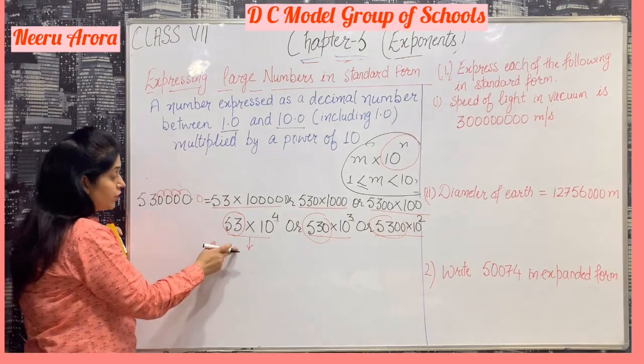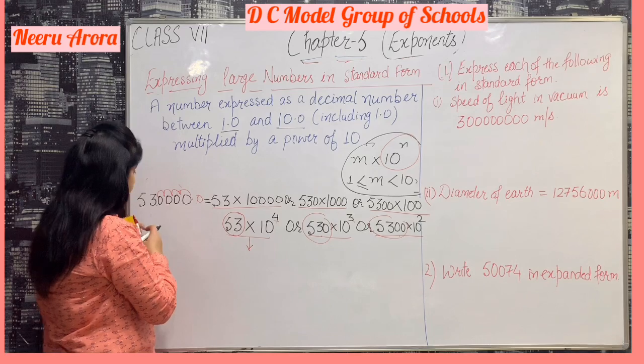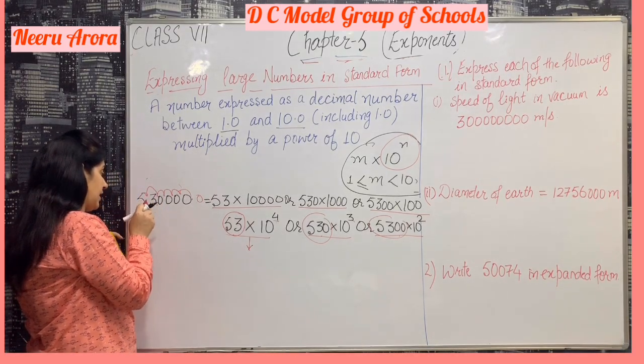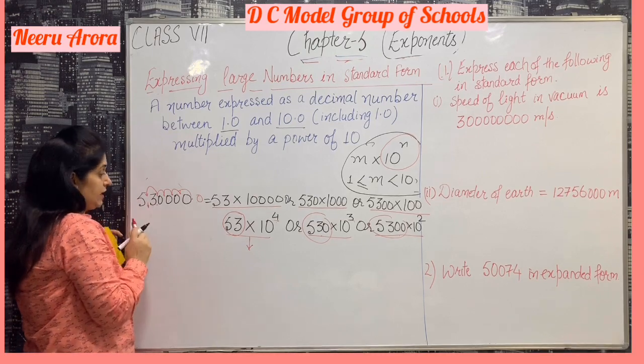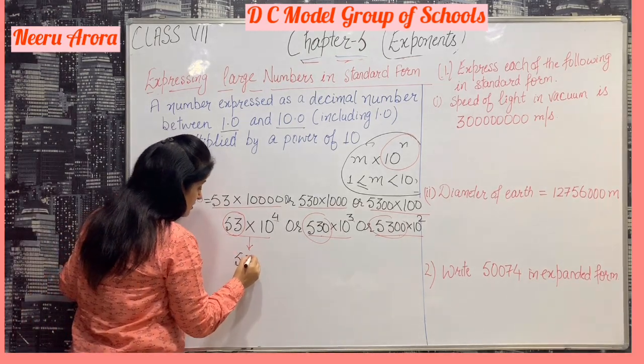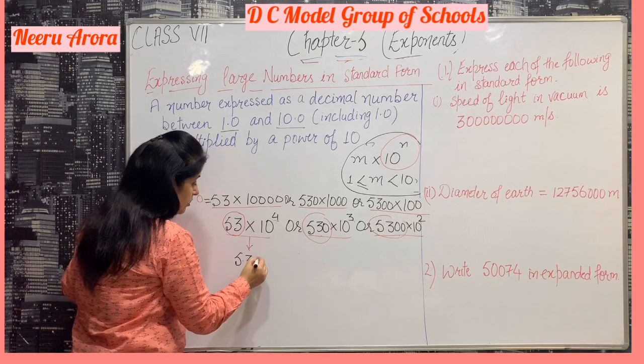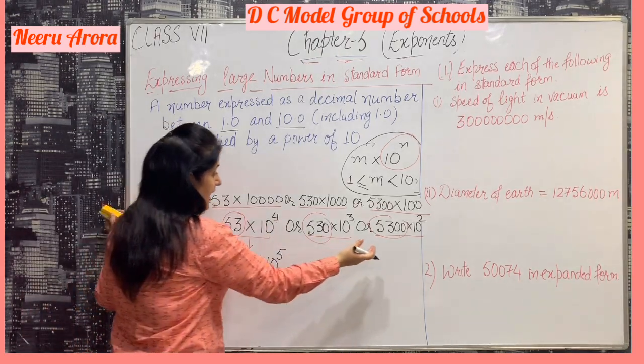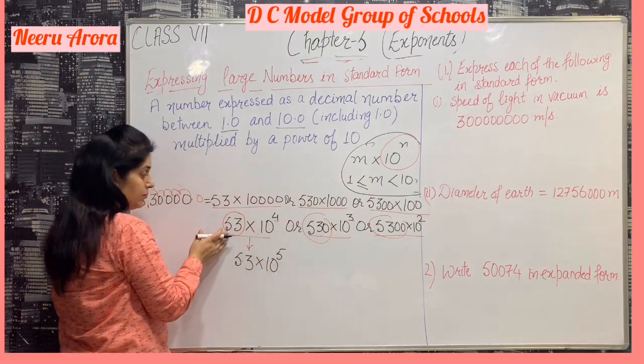But I want to reduce this number further. It means I just jump to this side. When this number reduces, the power will increase. We have observed, as the power increases, the number reduces.